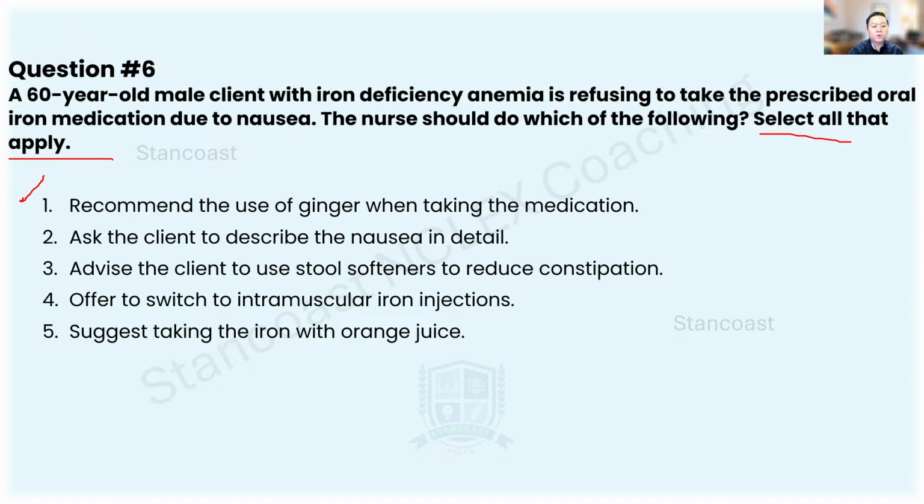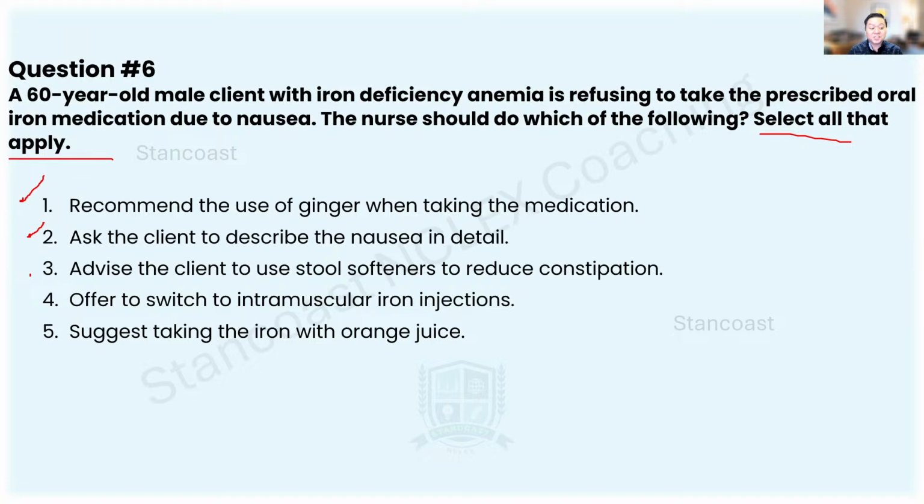So this is going to be a good intervention. What about number 2? Ask the client to describe the nausea in detail. Well, we need to have that information, right? We need the patient to tell us the specifics of the nausea so that we can help in determining the most effective solution.